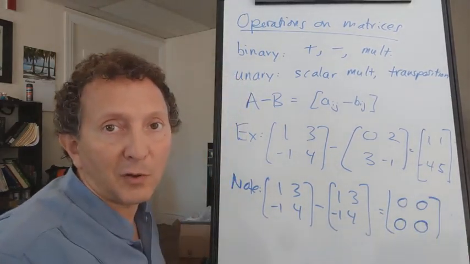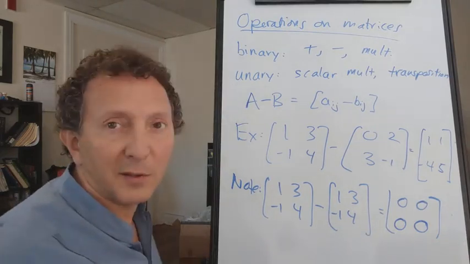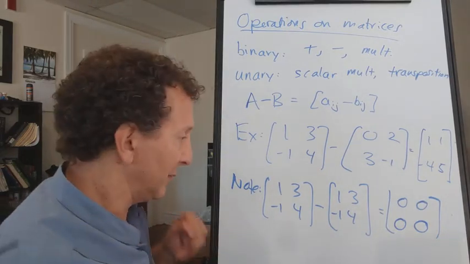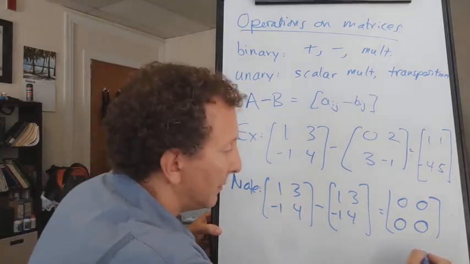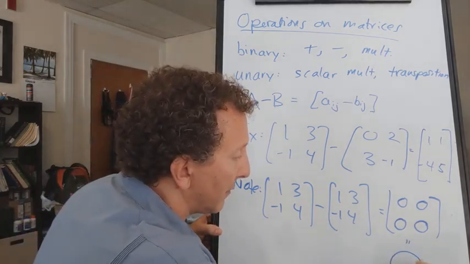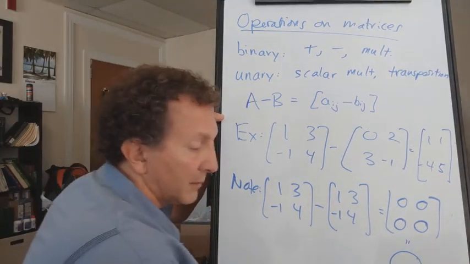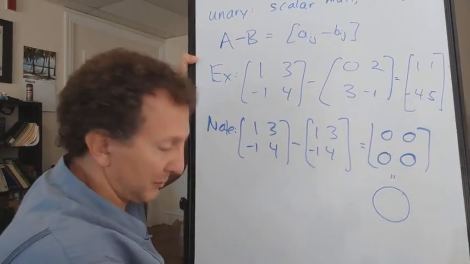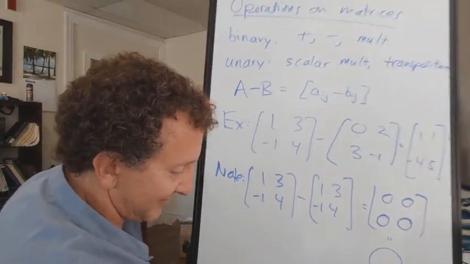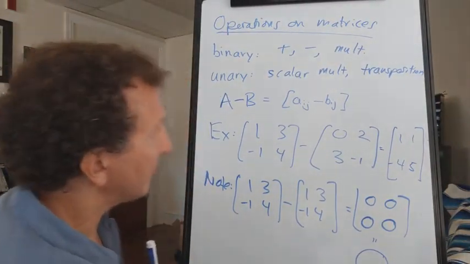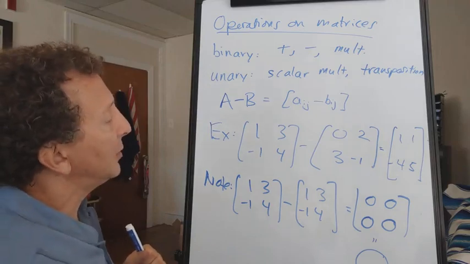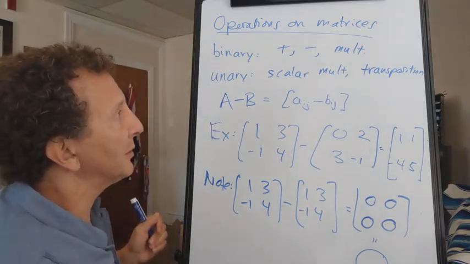So we get a matrix called the zero matrix. Sometimes we just write that as a big 0. So I wrote that as a big 0. Now, that's easy. I don't want to explain any more.